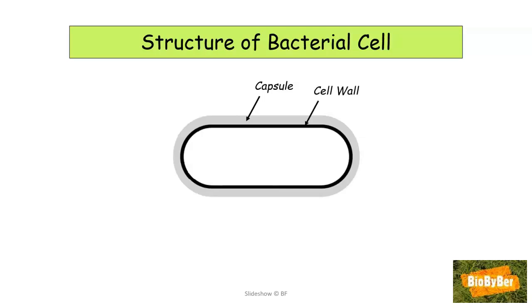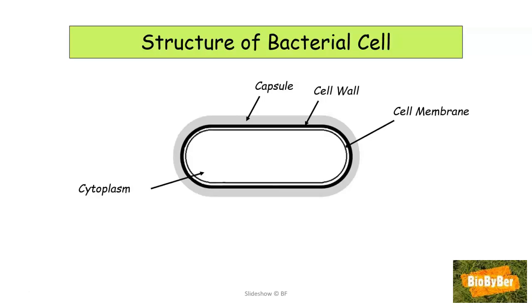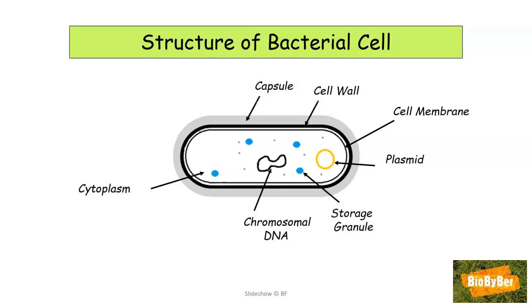Bacteria cells also have a cell wall and a cell membrane and are filled with cytoplasm. They have a loop of chromosomal DNA suspended in the cytoplasm. They also could have plasmids, which is another type of DNA important in conferring antibiotic resistance. Some bacteria have storage granules and will also have ribosomes for protein synthesis.